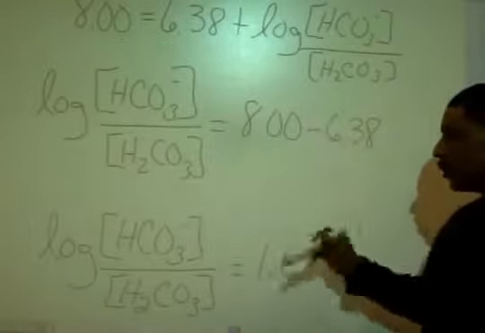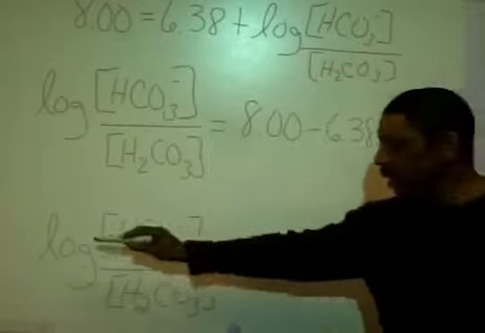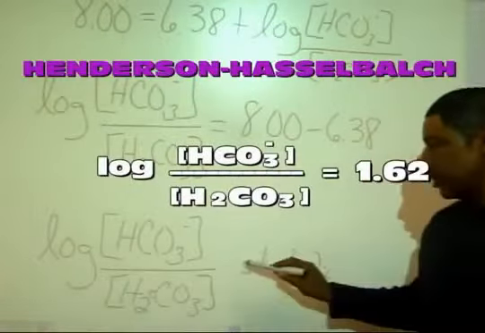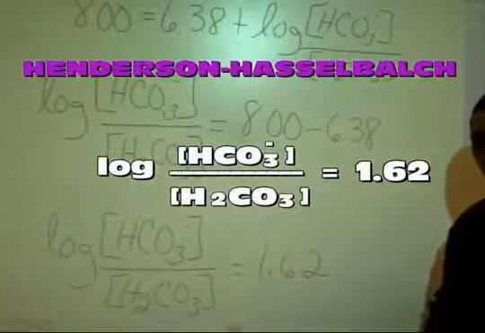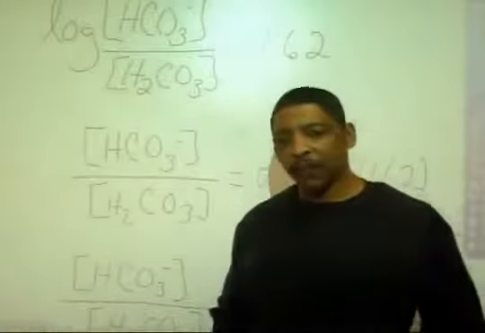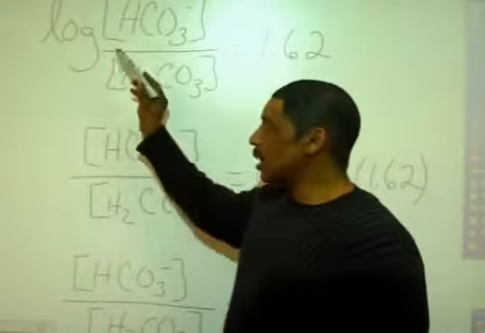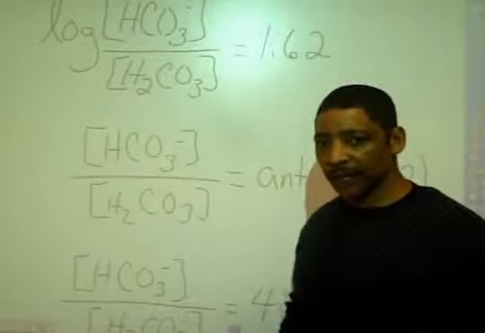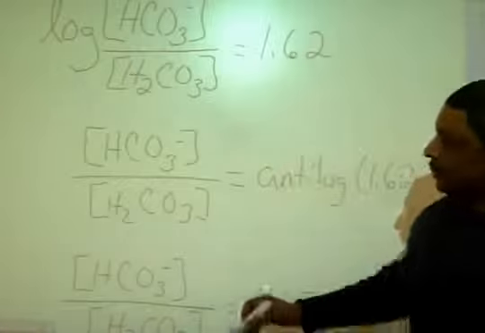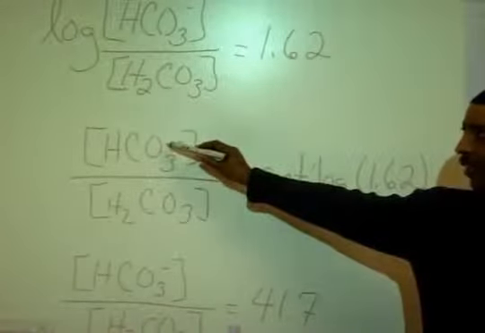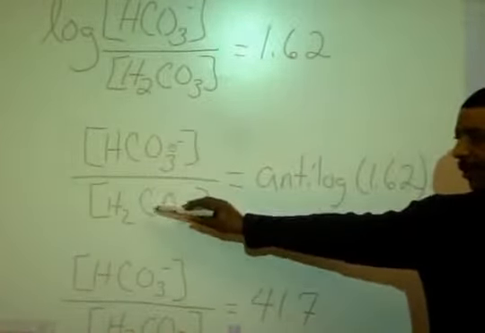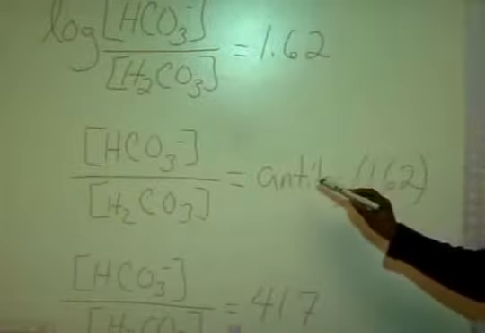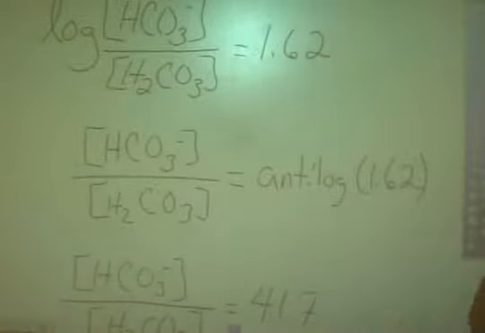Subtracting these two values will now give me log anion over acid is equal to 1.62. At this point, we should clear the log on the left side by taking the antilog of both sides. That will give me concentration of anion over concentration of acid is equal to the antilog of 1.62.